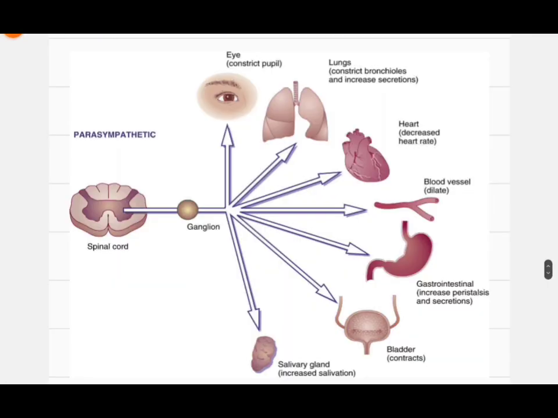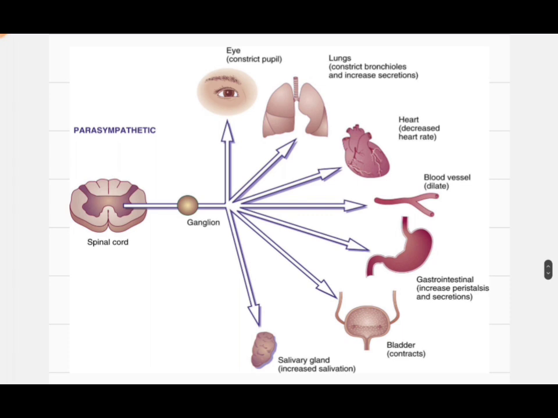So let's recall the organ system effects, and this diagram will make the understanding and remembering of these systems very easy. We'll start from the eye. In the eye, the parasympathetic nervous system will constrict the pupil, and all the drugs that mimic the effect of the parasympathetic nervous system will produce miosis. In the lungs, they will constrict the bronchioles and increase the secretion.